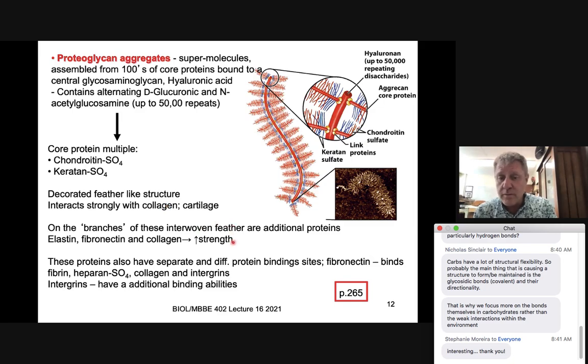It's interwoven and furthers the strength of the individual constituents. But again, they have these proteins and these sulfonated components that have the capacity to bind certain proteins, including fibronectin, which binds fibrin, and then various capacities to decorate collagen.